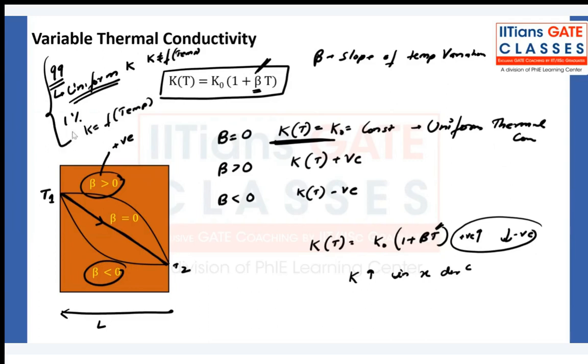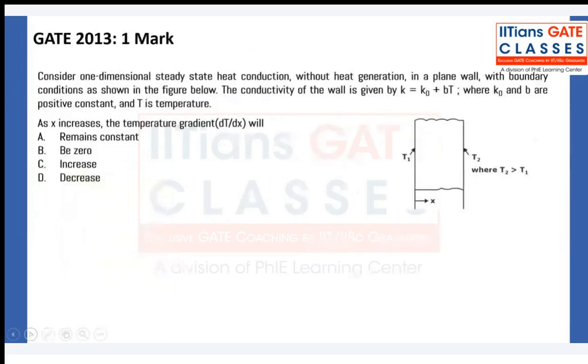Okay. Is it clear? Let us see this question. Tell me very quickly what is the right answer. They are saying one-dimensional steady state heat conduction without heat generation in a plane wall with boundary conditions as shown in the figure. It is saying T2 is greater than T1.